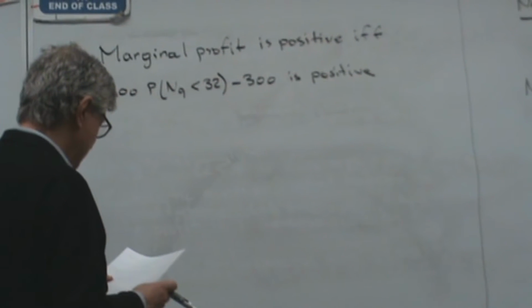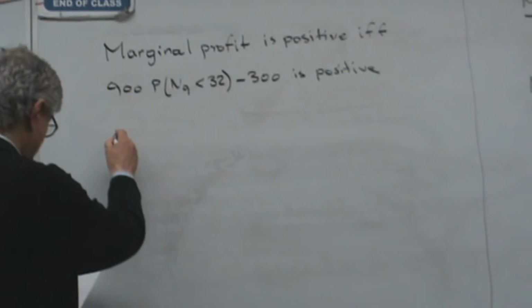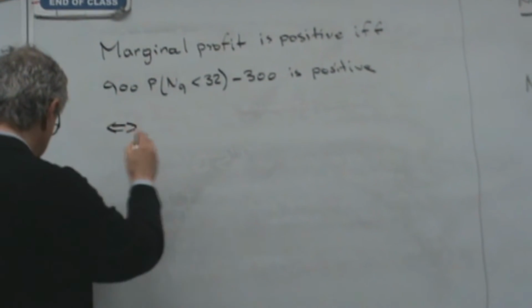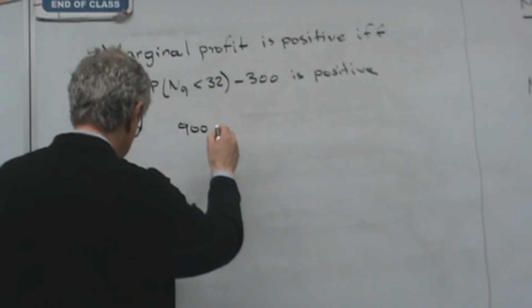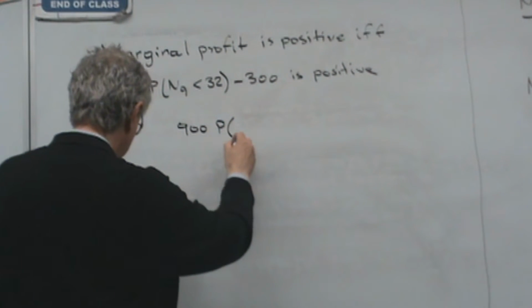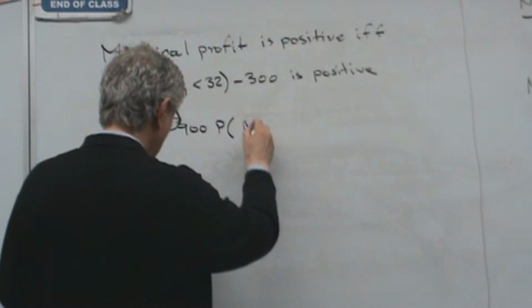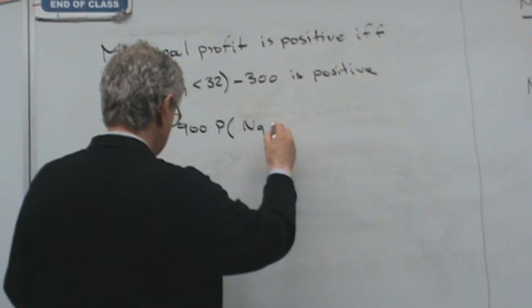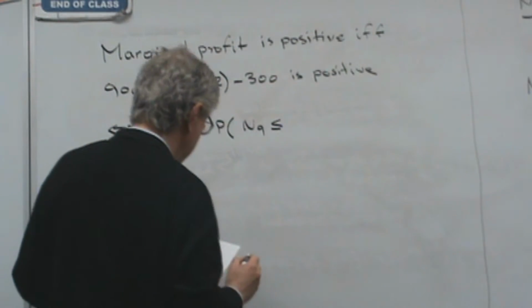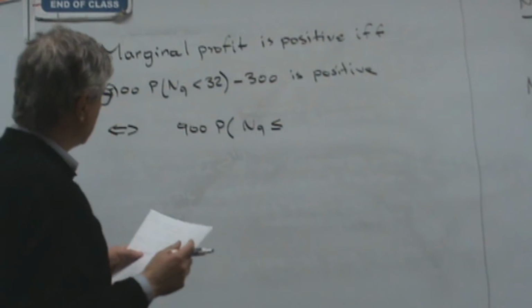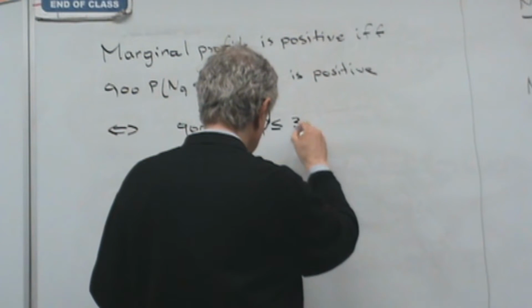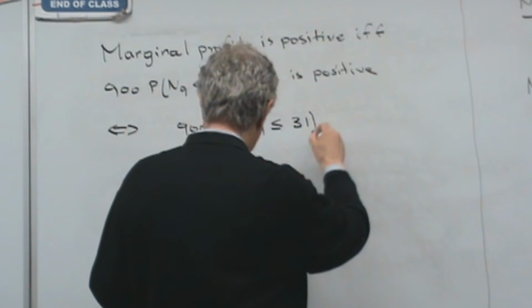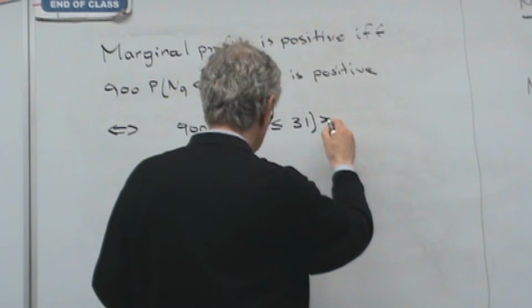Or equivalently, if 900 times P(NQ, the number of attempted reservations, is less than or equal to 31) is greater than 300.